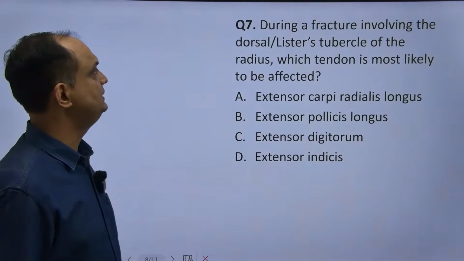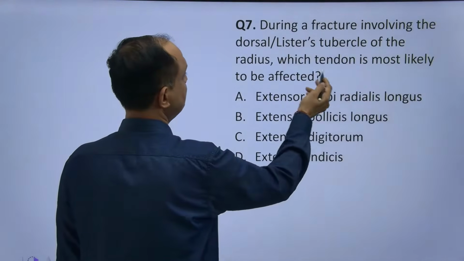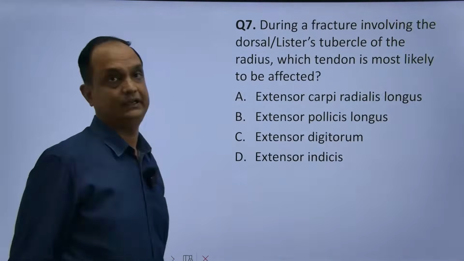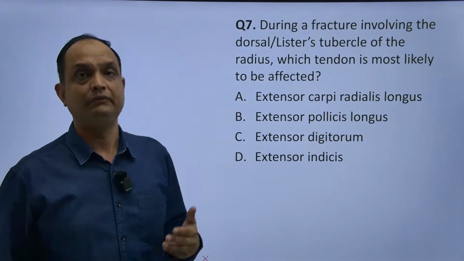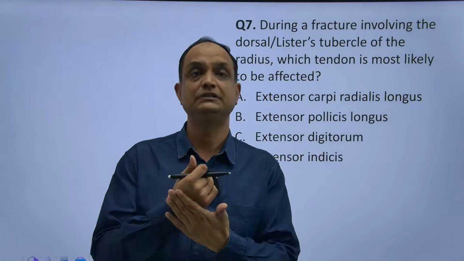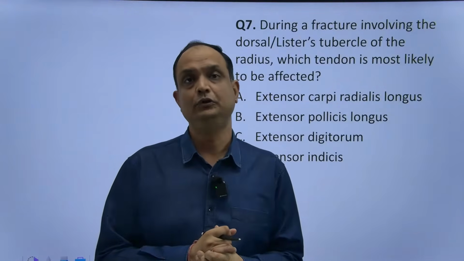Now the next question is: during a fracture involving the dorsal tubercle of Lister of the radius, which tendon is most likely affected? When you do the side determination of the radius, I have told you that you have to find the posterior side of the radius, where you will have a projection known as the dorsal tubercle of Lister.